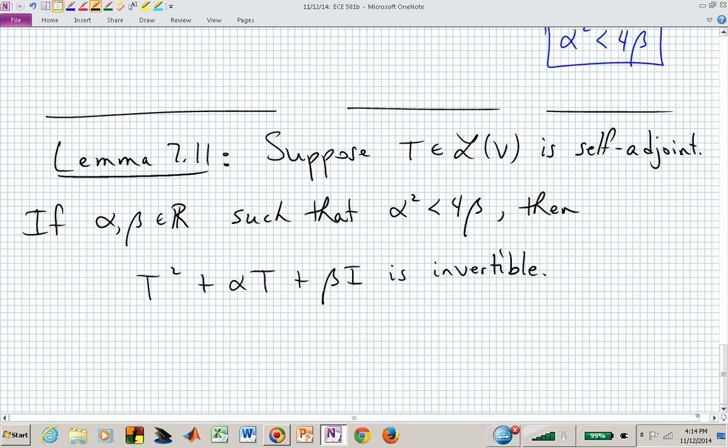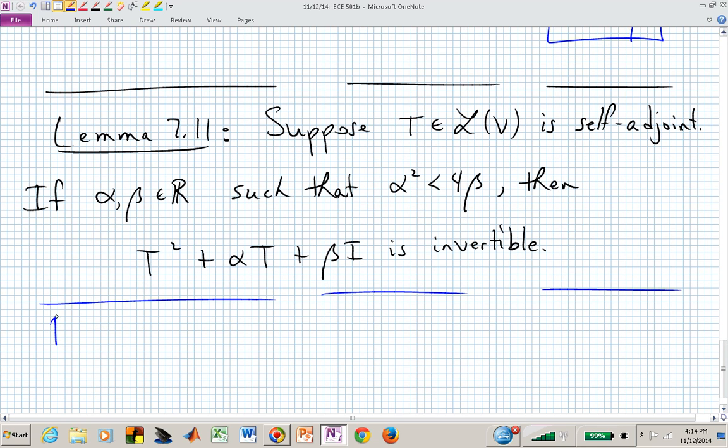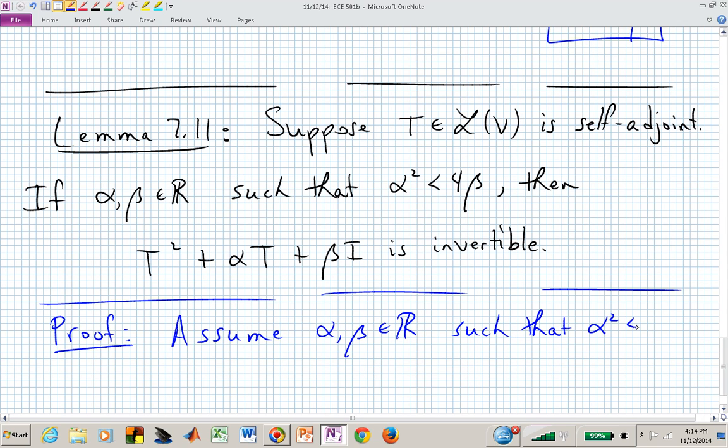That's lemma 711. Let's look at the proof of that. So now we can assume that alpha and beta are real, with alpha squared less than 4 beta.